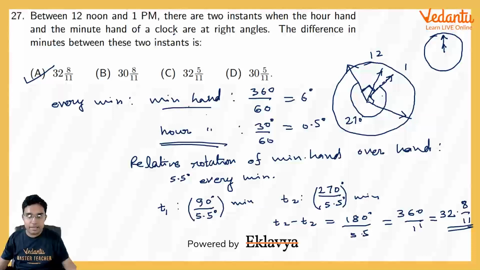I think this relative rotation concept has made this question easier. Otherwise, you may take a little more time, although it can be done that way also. But I think the relative rotation concept makes this a little better than any other method.